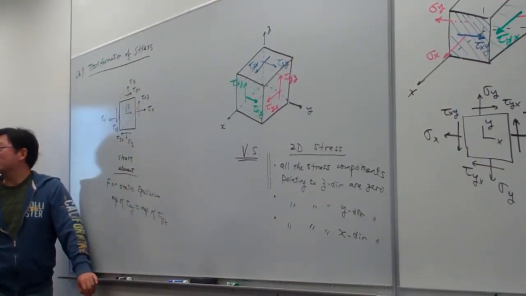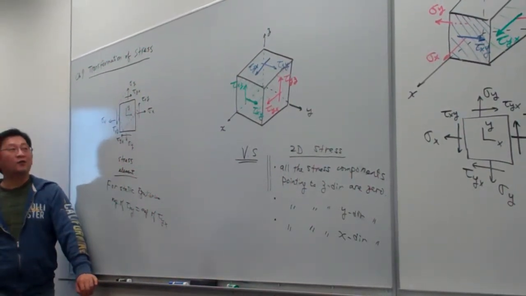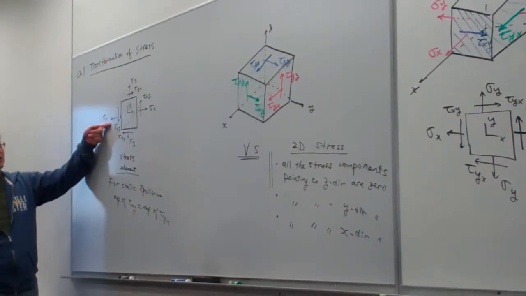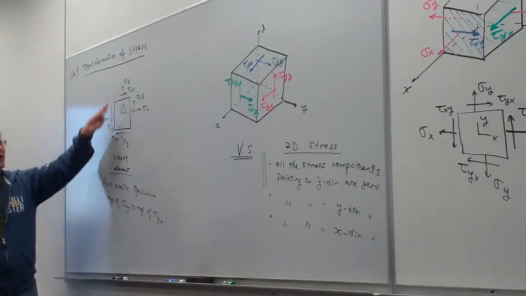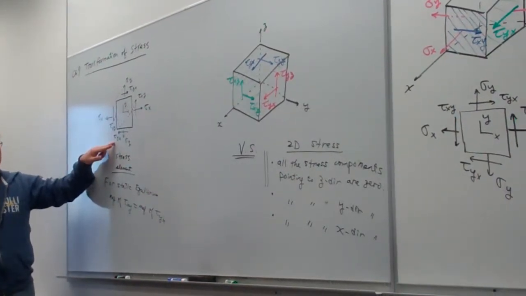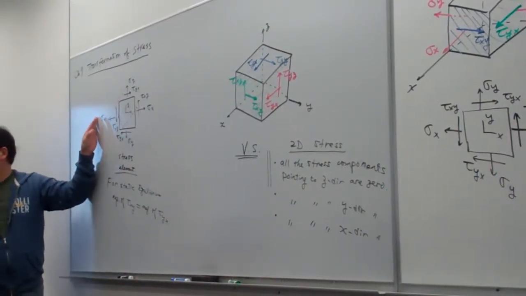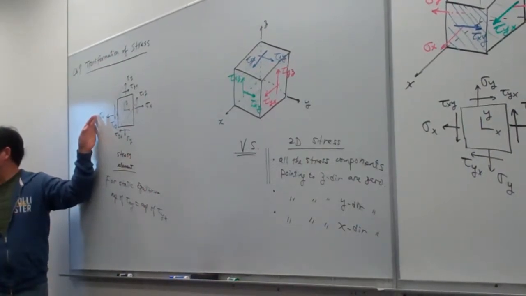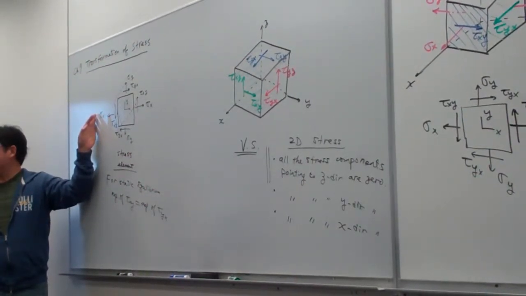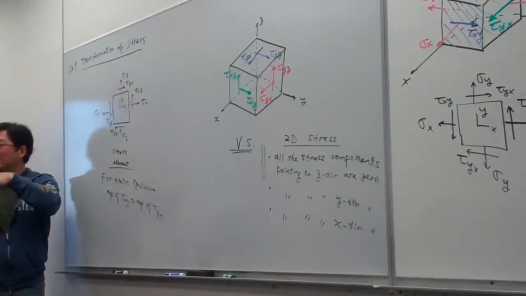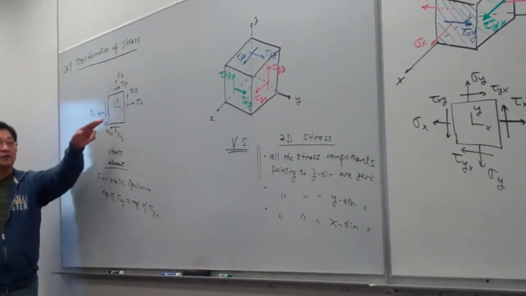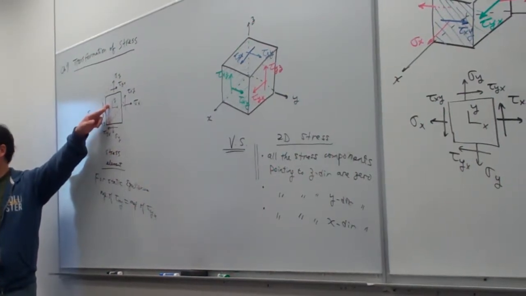Okay, so the question is this: based upon the given information, for example, sigma x, sigma y, and tau xy, tau yx, those are the results based upon, for example, your homework, right? At point H or point K, and last time I showed you how to pick the stress element at right angles aligned to the XY coordinate system.